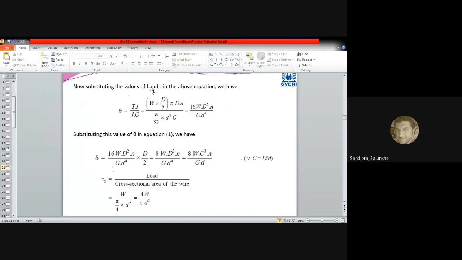Now further, we substitute the values of L and J in the equation which we have derived. How did we calculate L?